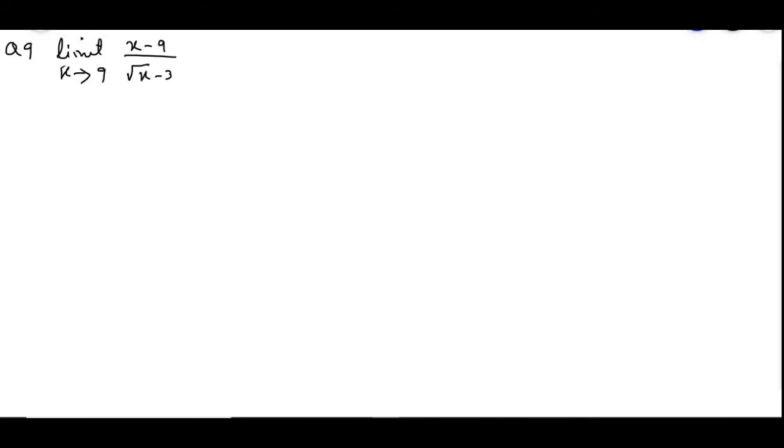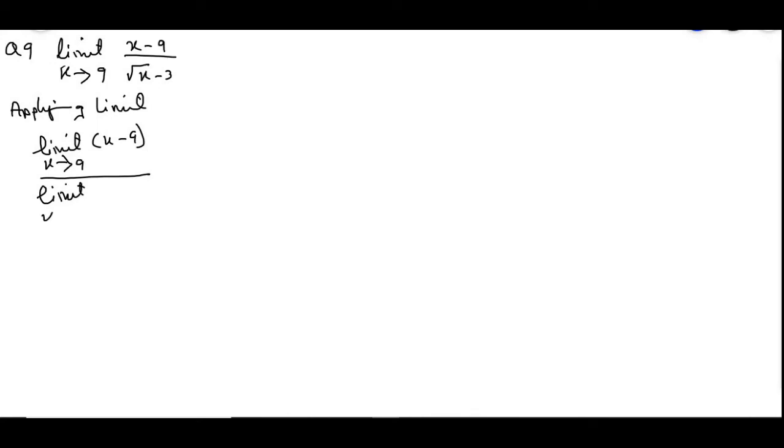Now question number 9. Limit x approaches to 9, x minus 9 divided by under root x minus 3. So applying limit, we get limit x approaches to 9, x minus 9 whole divided by limit x approaches to 9 and under root x minus 3.